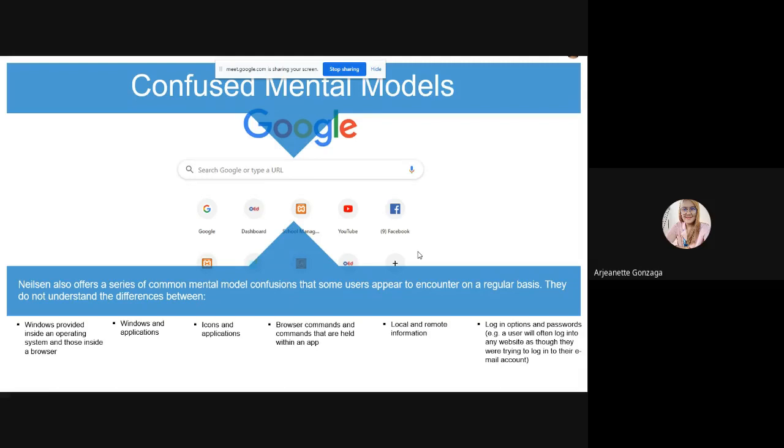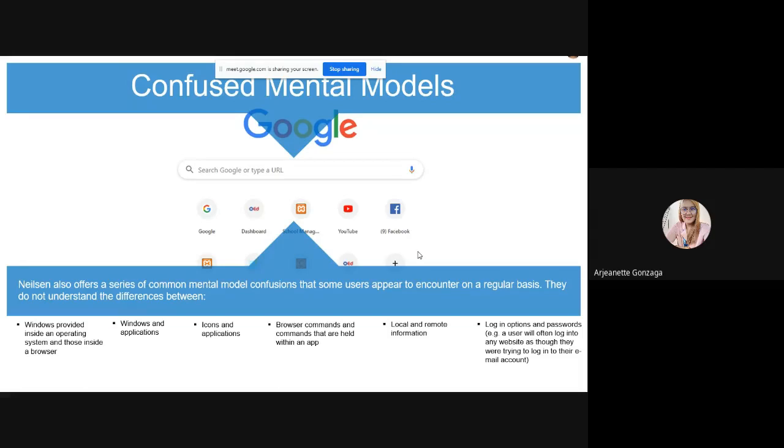Nielsen also offers a series of common mental model confusions that some users appear to encounter on a regular basis. They do not understand the differences between the windows provided inside an operating system and those inside a browser.